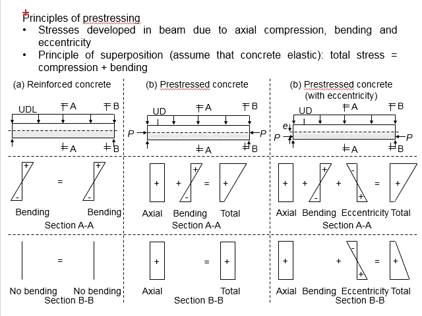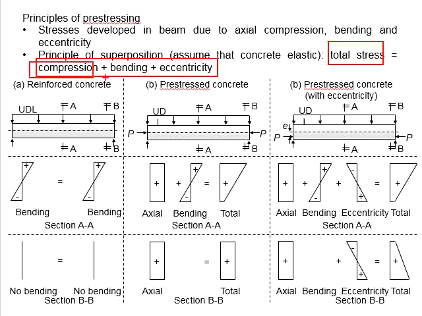The principle of prestressing is based on the principle of superposition. Assuming that the concrete is elastic, the total stress in the member will be the summation of the effects of the axial compression, bending, and also eccentricity.